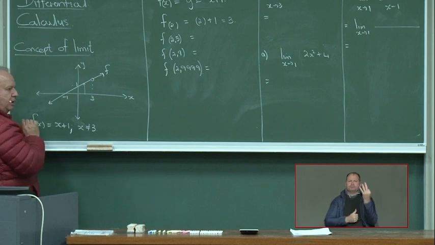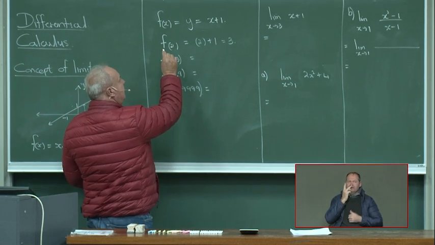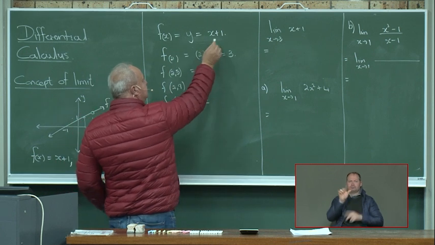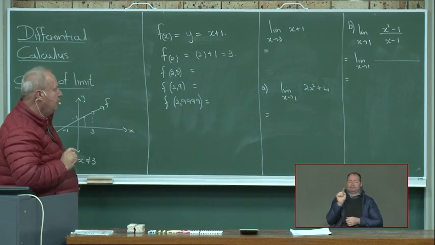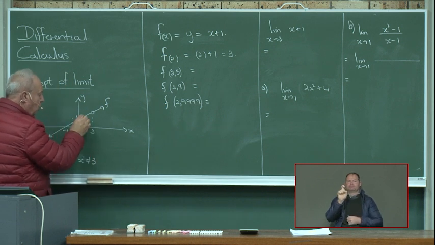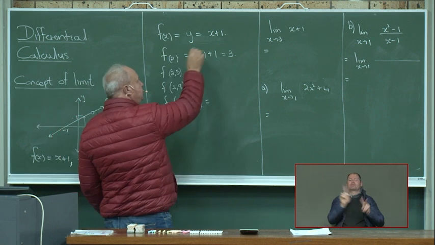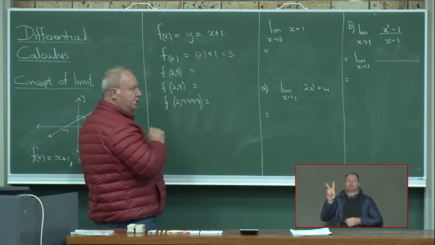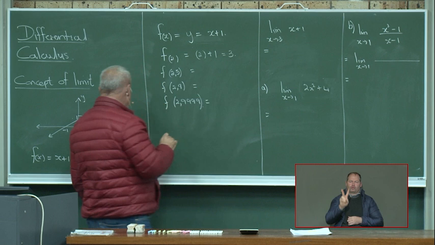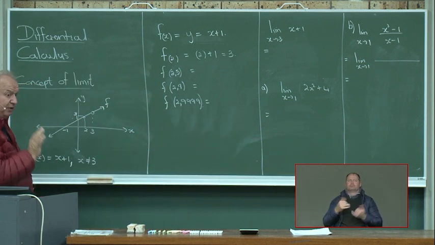If f(x) is a y value and f(x) = x + 1, and x equals 2, what is my corresponding y value? I put x equal to 2 wherever there's x in the expression, so it becomes 2 + 1, which is 3. So the corresponding y value here is 3. It's not a very accurate graph.